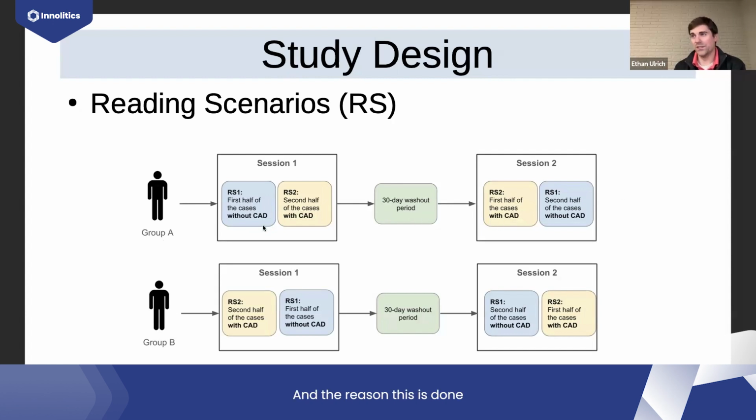The reason this is done is there's a potential that if you don't wait 30 days, the reader can think, oh, I remember this case. I don't know how often that actually happens, but this 30-day washout period is supposed to mitigate that effect. And we've had a lot of feedback from the FDA about handling these reading scenarios. I have done a study where every single reader started without the device and then, after a 30-day washout period, they used the device.